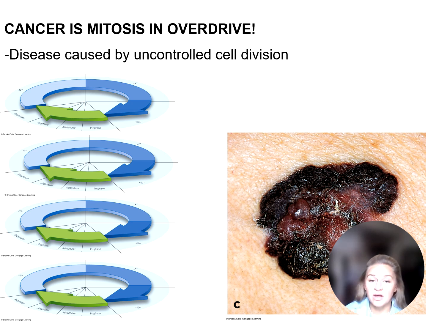A lot of these checks and stop signs along the way of the cell cycle that prevent cells from growing when they shouldn't have been overridden by cancer. So cancer is when mitosis is in overdrive and these cancerous cells are growing and dividing, growing and dividing, growing and dividing, and producing some sort of cancerous growth or tumor.